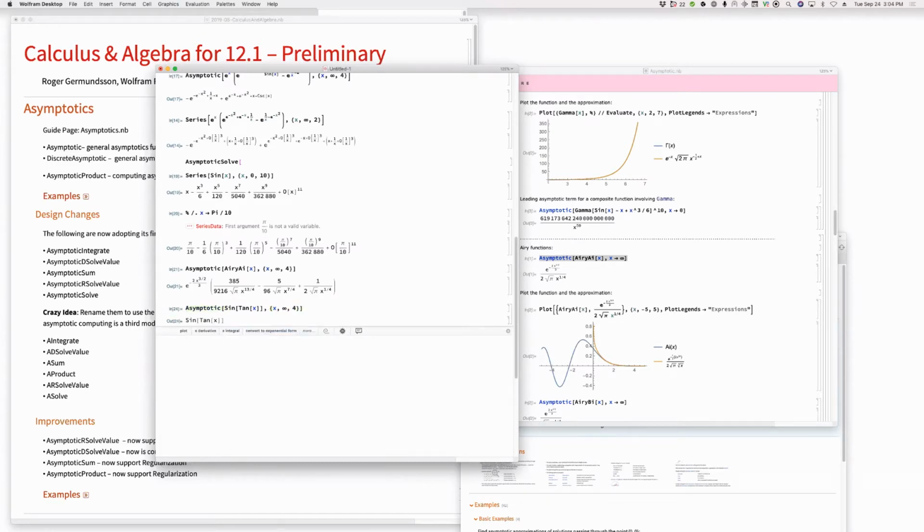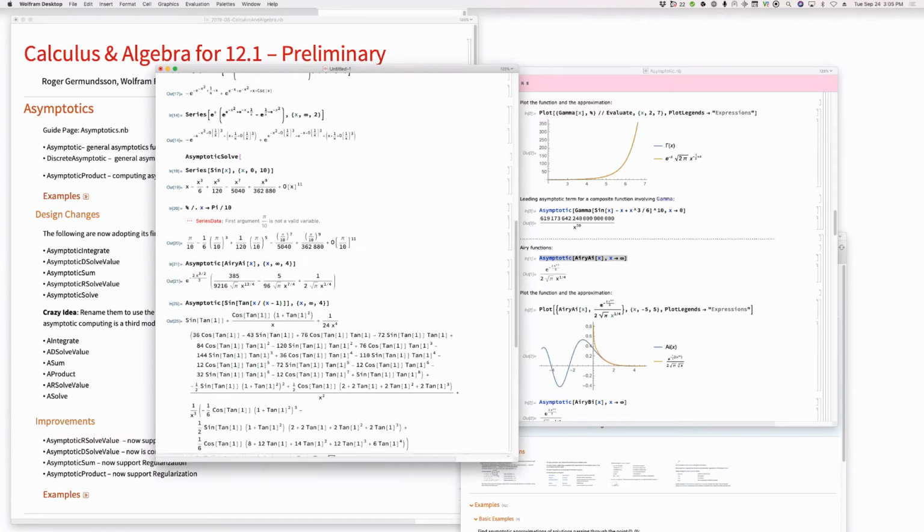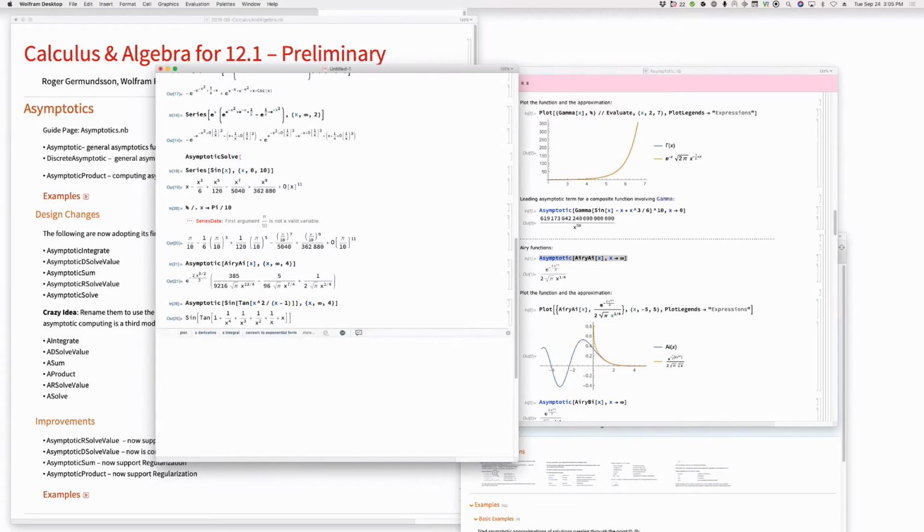Yeah, I see. But if I put inside there x over x minus 1, for example. Yeah, because you're basically evaluating it at 1 for x at infinity. Yeah, okay. So, I mean, this is a very funky creature.